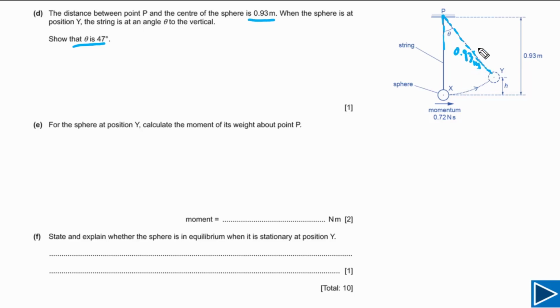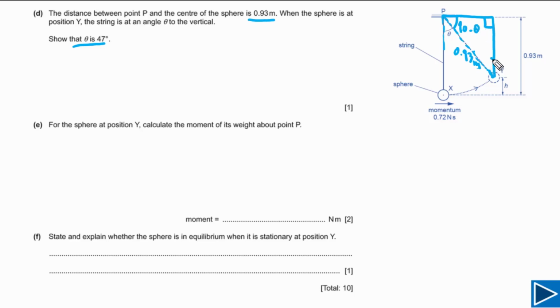This is 0.93 meters. Now, if we complete a right angle triangle, then it is very easy to calculate the angle. So this is our right angle triangle, which means this angle is 90 degrees. If we look at this angle, this is the angle with the vertical. If we look at the angle of the vertical with the horizontal, this total angle will be 90 degrees. Theta is given, so this angle has to be 90 minus theta.